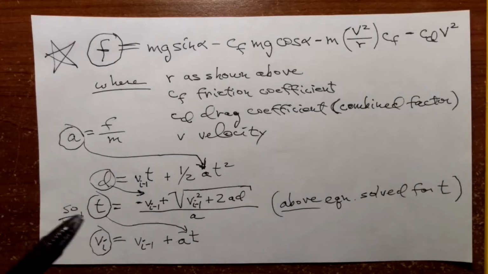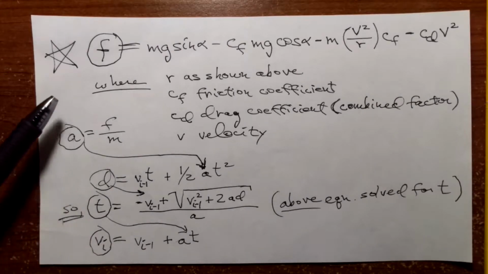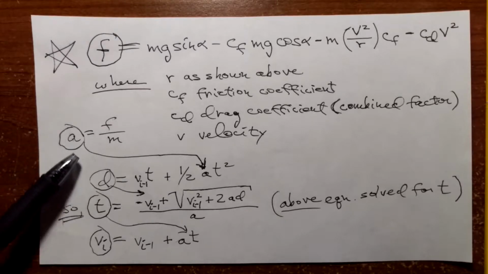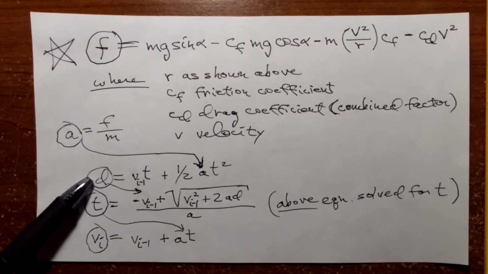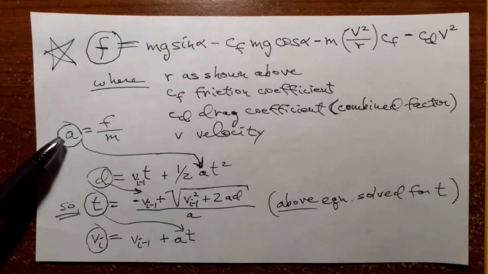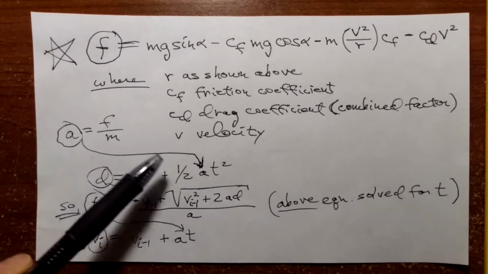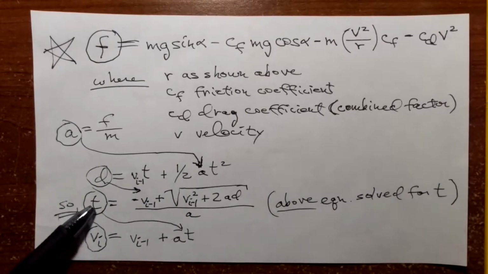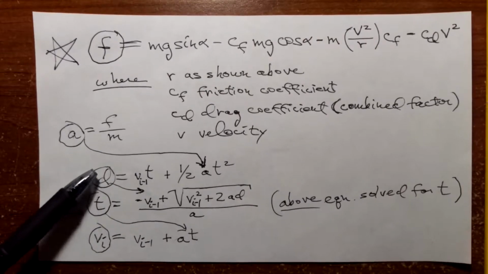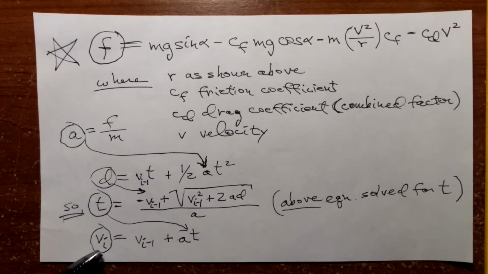So what I've done is come down and, using these equations here with a known d, we calculate the distance between each point. We plug in our acceleration here, come down here, and solve this equation for t. This gives us our new velocity. So there you go. Let's look at the problem itself.